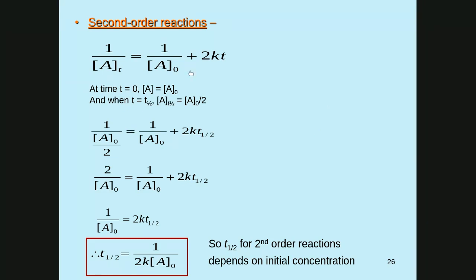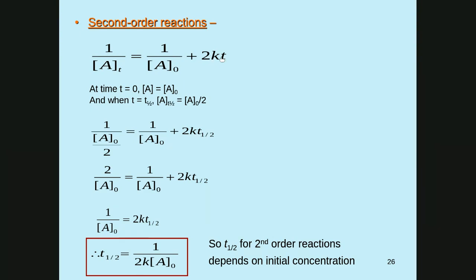Now the time course of that process, as given in terms of the concentration of A at time t, can be cast in this particular form, again a linear form, where 1 upon the concentration of A at time t depends linearly upon time. It is 1 upon the initial concentration plus twice the rate constant times time.